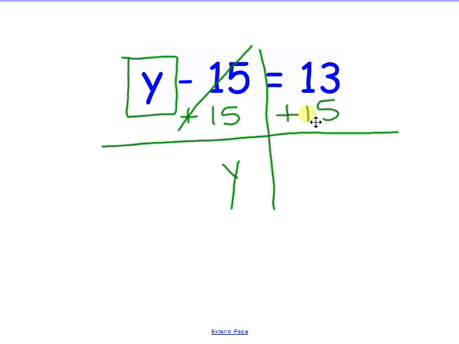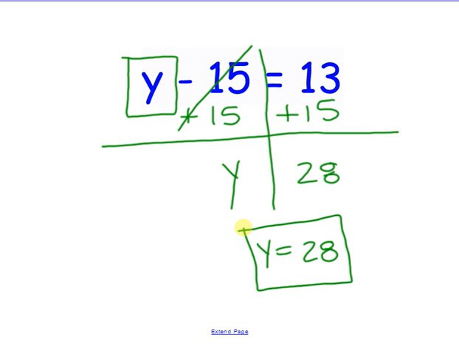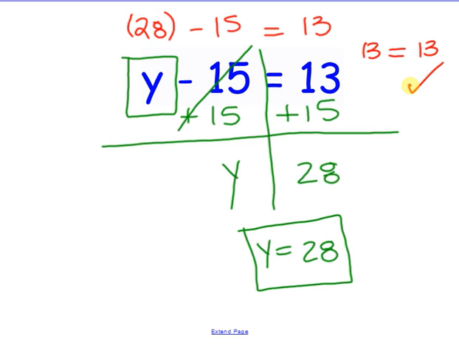And what's 13 plus 15? You should get 28. So your answer is y equals 28. And now I want you to check it. Plug it back into the problem. So up here, it would be 28 minus 15 equals 13. Well, what is 28 minus 15? 13 equals 13. Your solution works. You're good to go.